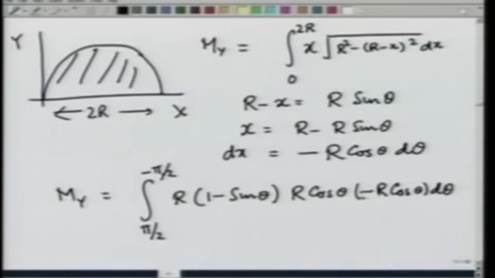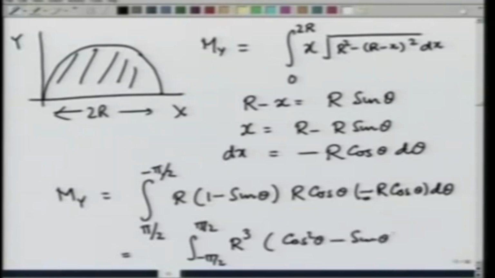Because of this minus sign here, I can write this as integration from minus pi by 2 to pi by 2 of r cubed times (cosine square theta minus sine theta cosine square theta) d theta. This is a simple integration which we can perform.